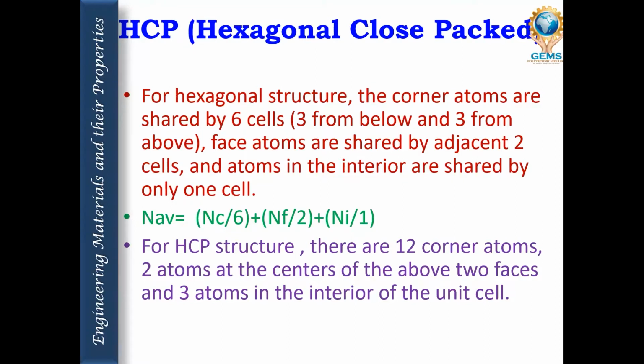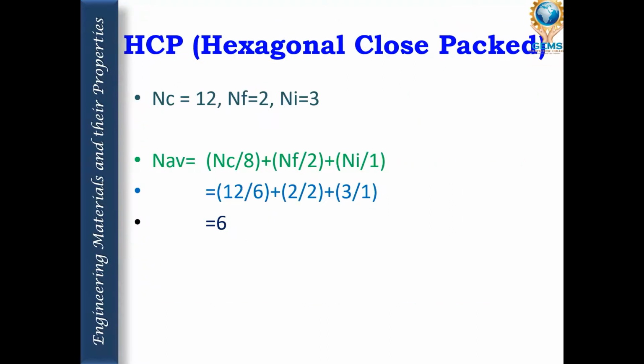So for the HCP structure there are 12 corner atoms, 2 atoms at the center of the above and below faces, one on the top and one on the bottom, and 3 atoms in the interior of the unit cell. So Nc is 12, Nf is 2 and Ni is 3.